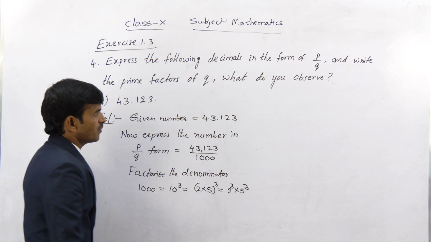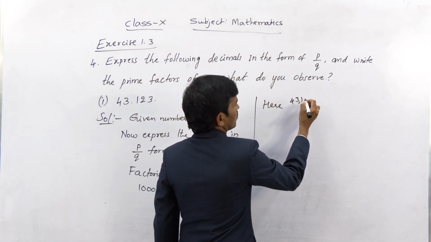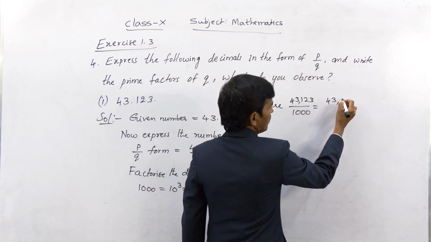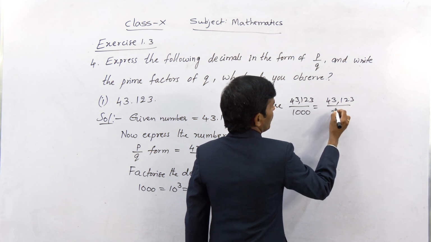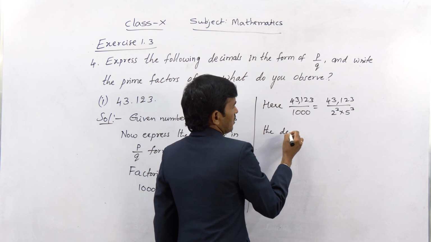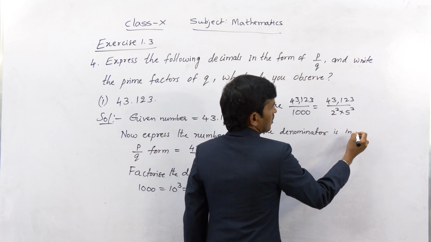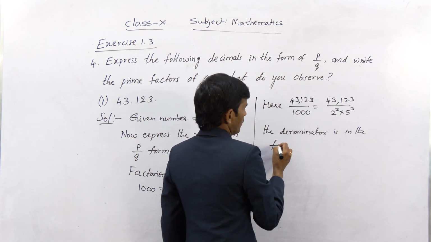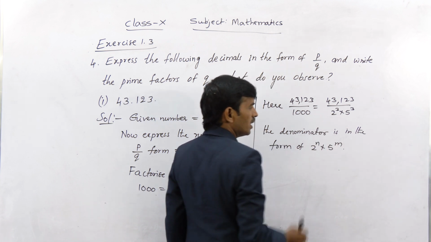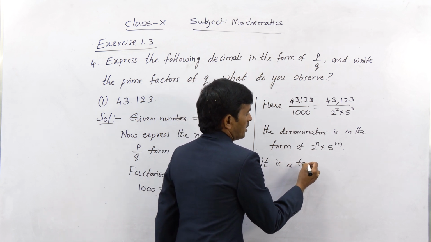So 43123 by 1000 can be written as 43123 by 2 power 3 into 5 power 3. The denominator is in the form of 2 power n into 5 power m only, so it is a terminating decimal.